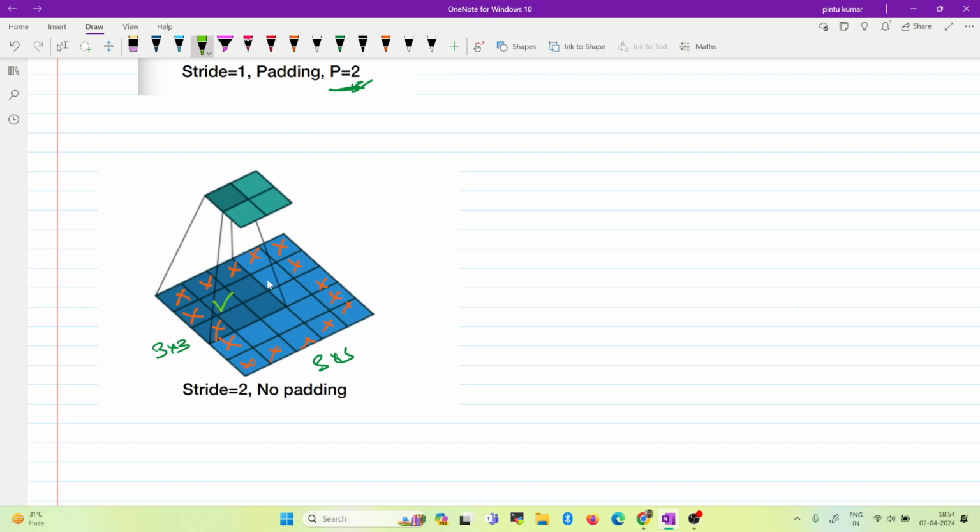Now because your stride is 2, you will skip one thing and go here, right? Again, in this direction also, you will skip one point and you'll come here. You'll skip one point from here and you'll come here. So this is a 2 cross 2 thing that you will obtain. These points were sort of blocked because of your stride.